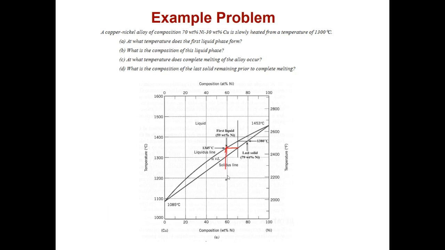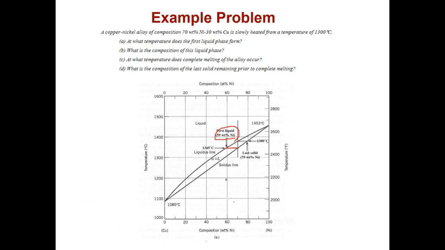And then bring it down here, which comes to, I didn't do it properly, but if we do it properly, this figure of 59 weight%. If we project it down, it comes to 59 weight% of nickel.